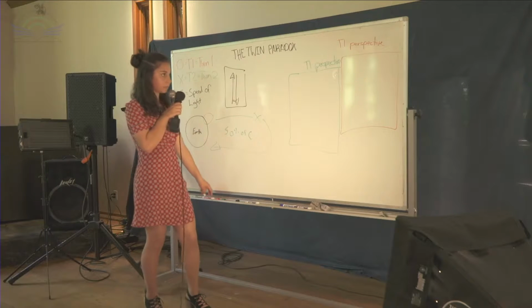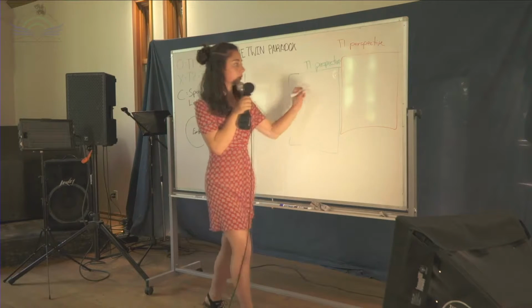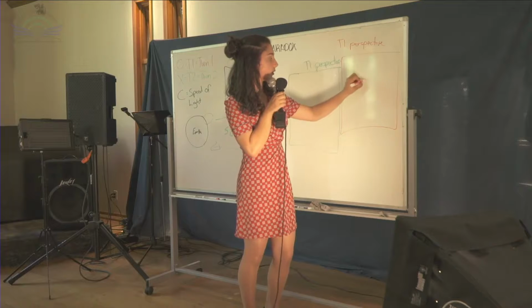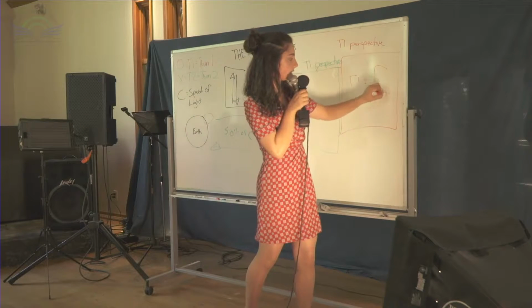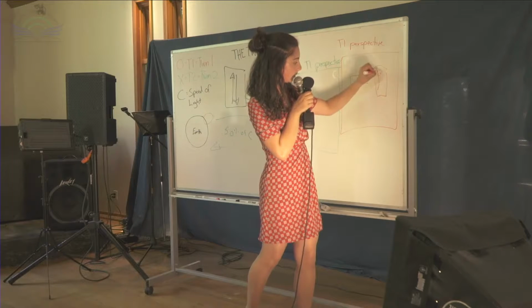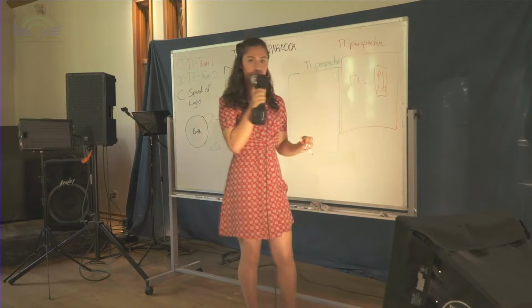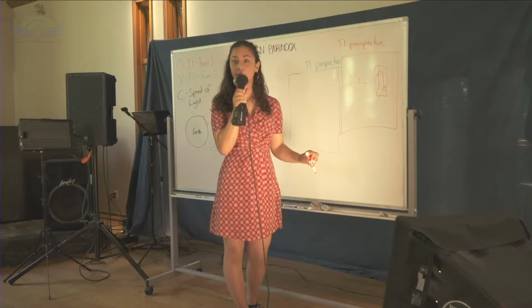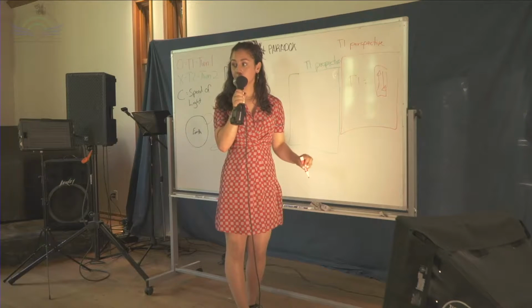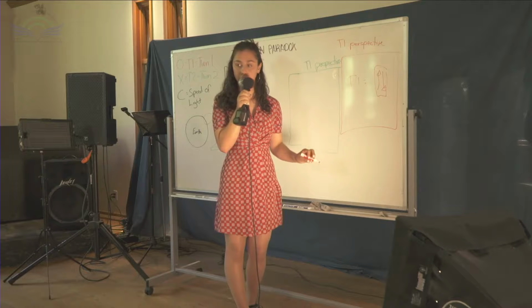So let's look at this from twin one's perspective. When twin one looks at her own light clock, she sees it as going straight up and straight back down again. Sorry if you guys can't see that, but it's just going straight up, straight back down again. Similar to Bob and his mirror from the perspective of somebody on the train.